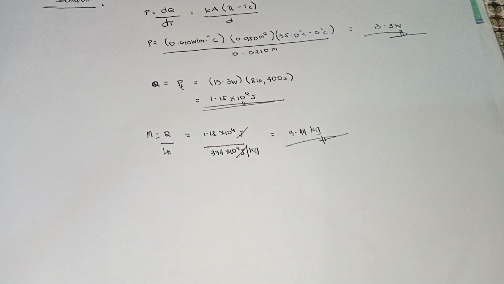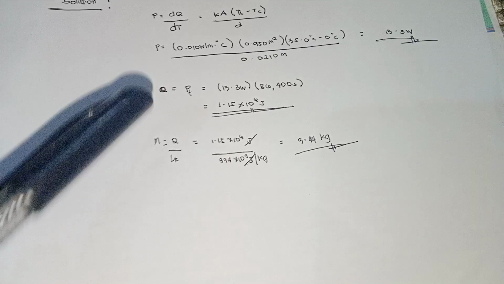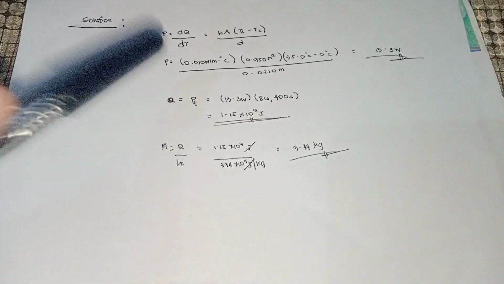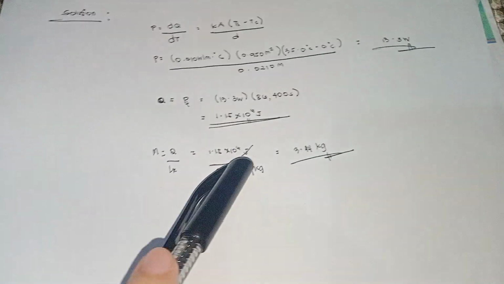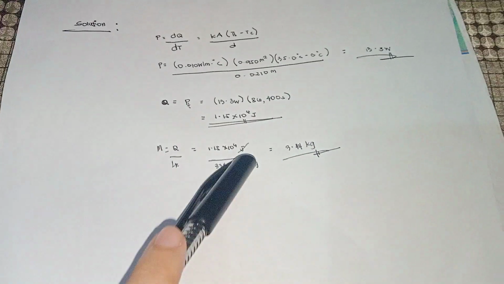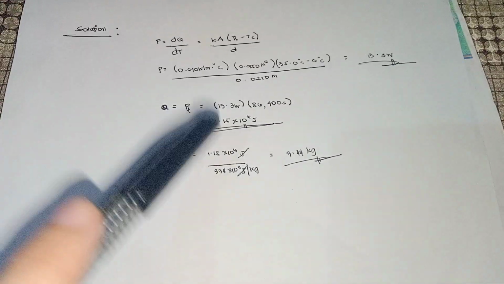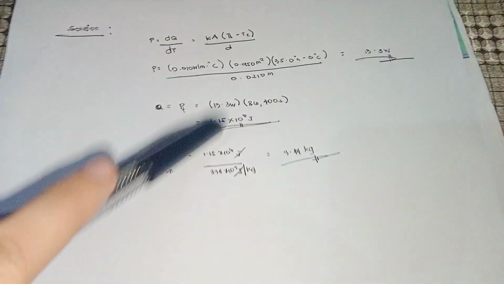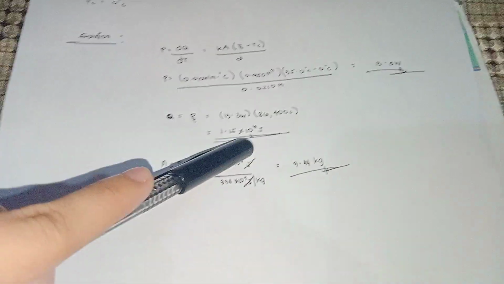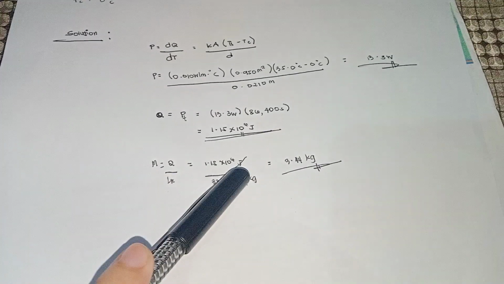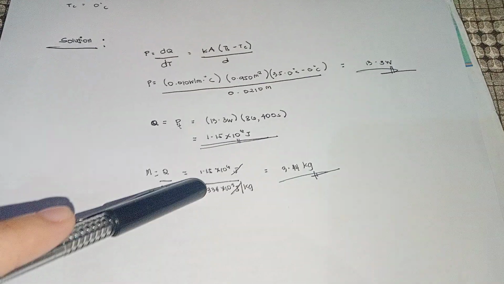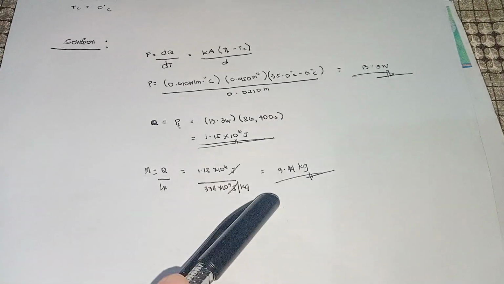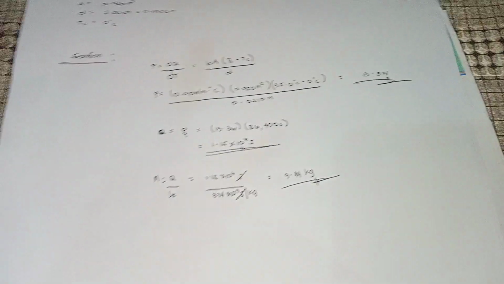And for m equals Q over L, which equals 1.15 times 10 to the power of 6 joules over 334 times 10 to the power of 3 joules per kilogram. So, the joules cancel out, so it is just kilogram. We simplify, and we arrive at an answer of 3.44 kilograms.